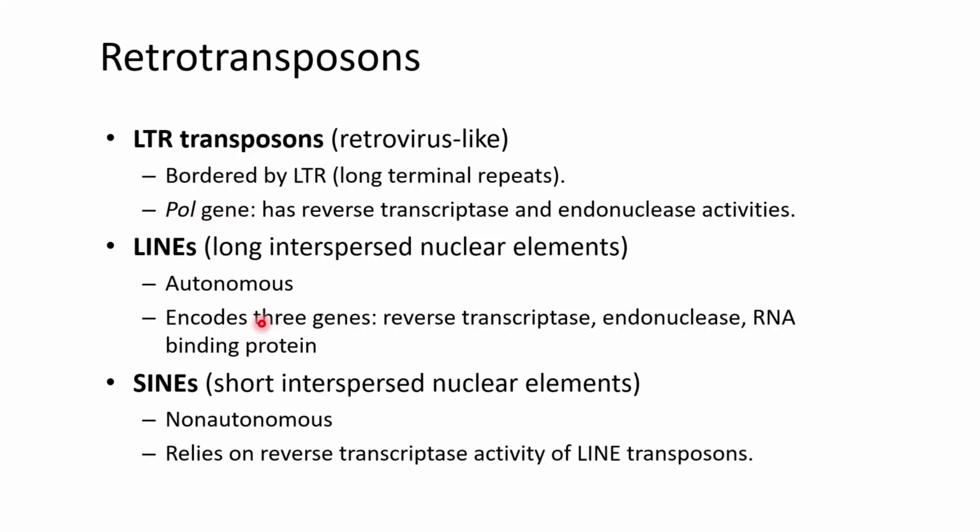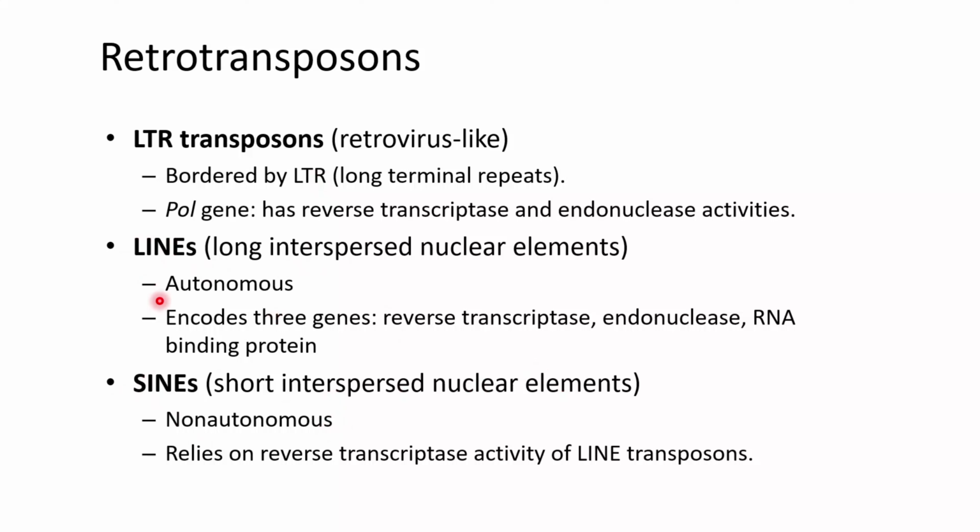So the integrase is specific for a certain sequence, depending on which integrase is being used, okay? So there are two types of these retrotransposons without the LTR. One of them is called the LINEs, the other is SINEs. LINEs is short for long interspersed nuclear elements, and the other one, obviously, is short interspersed nuclear elements.